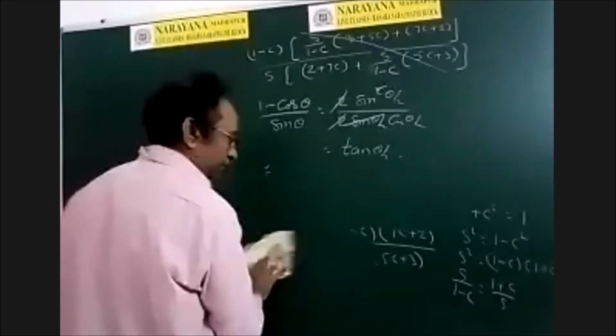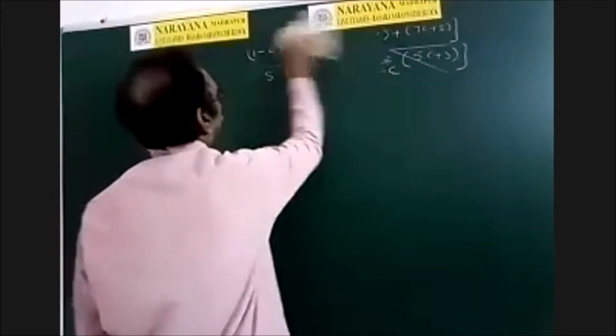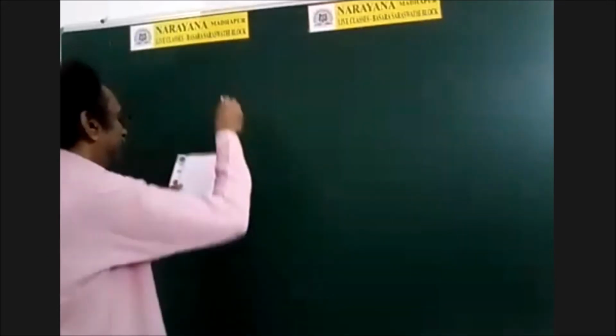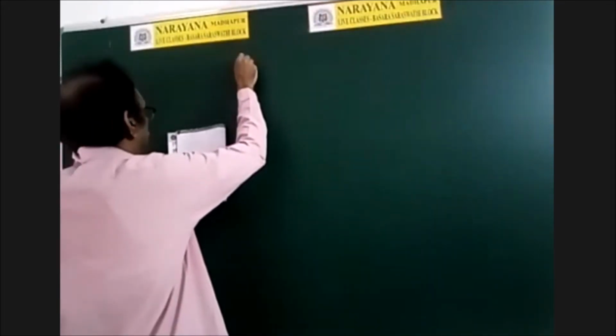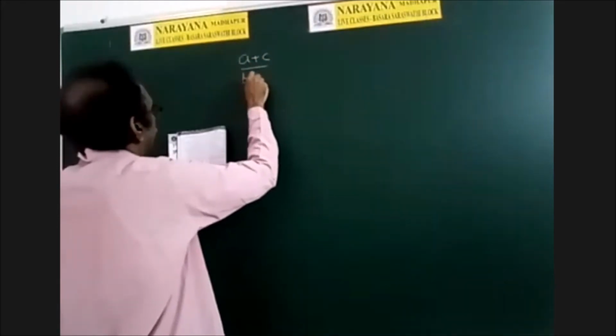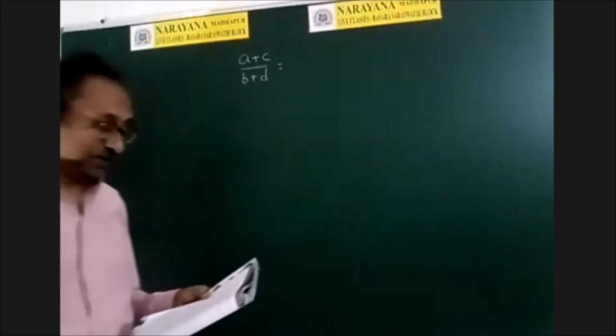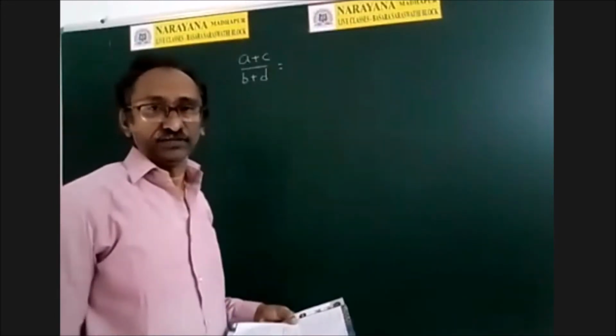So another problem asked was an exercise, 24th problem, page number 48. So a plus c by b plus d. What is a plus c by b plus d? That is the question.